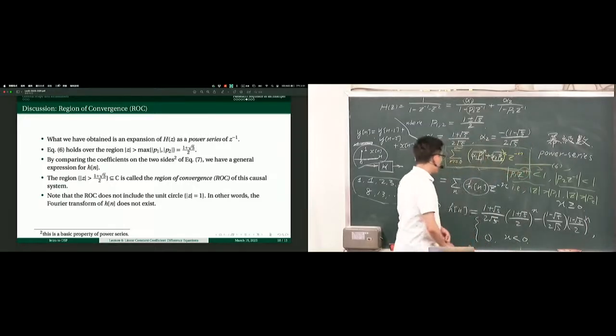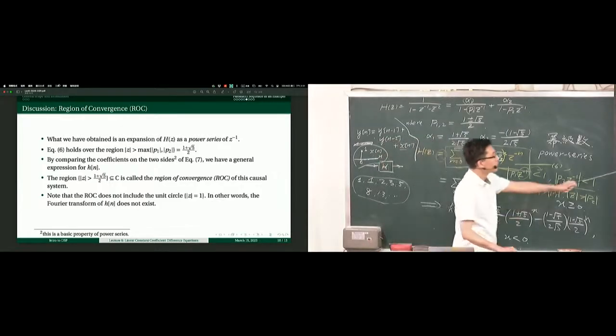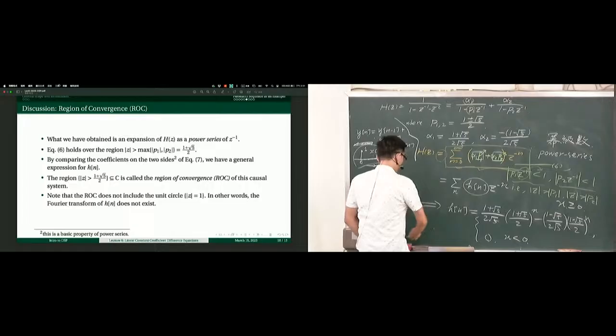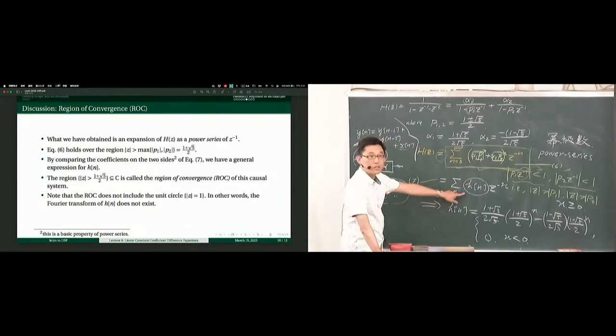Now the next point is about equation 7, the next one over here. Equation 7 is just a simple definition. If we have two power series and the equality holds over a region, this is a very basic property in complex analysis.